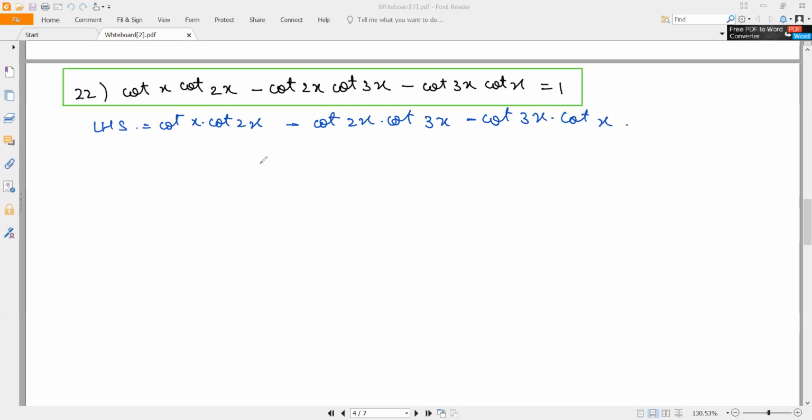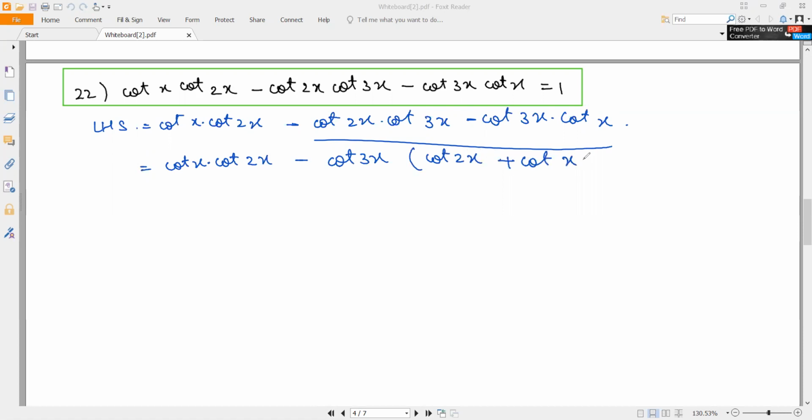Now we have the formula for cot A plus B. Also, amongst these three terms, you can take common between any two terms. Let's consider these two terms, because there's a minus sign that can also be taken as common. So you have cot x into cot 2x, and you're taking minus cot 3x common. We'll be left with cot 2x plus cot x in the bracket.